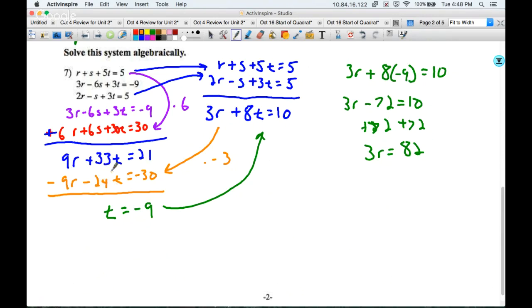Okay, so now when I add these together, those cancel. 33 minus 24 is 9. T equals negative 1. Divide by 9, divide by 9. T equals negative 1. Plug that in.